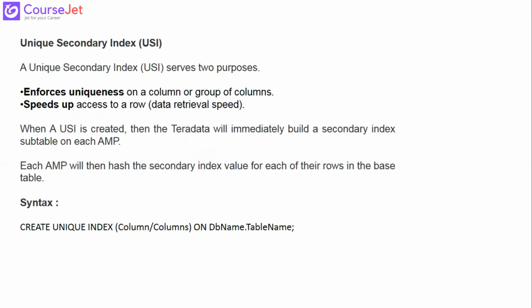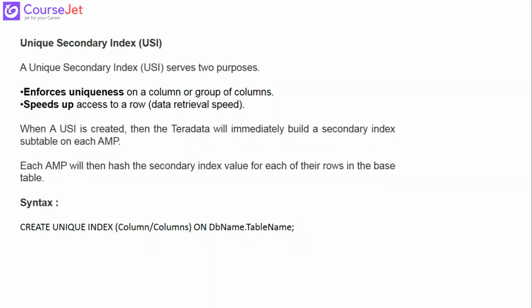Each AMP will hash the secondary index value for each of the rows in the base table, and the subtable will contain the hash value plus the pointer value.